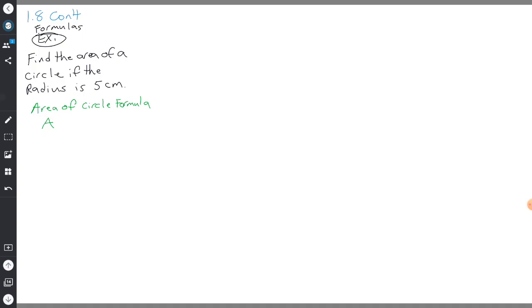From page 1, right, pi times r squared. So in that formula, the r is the radius.